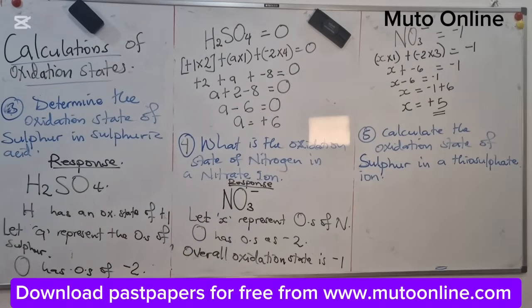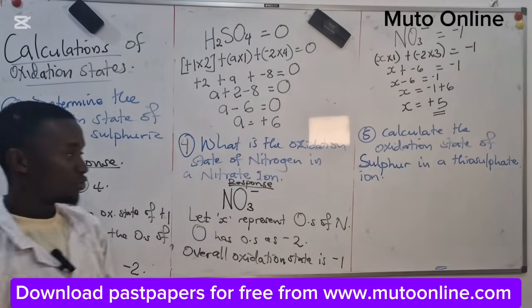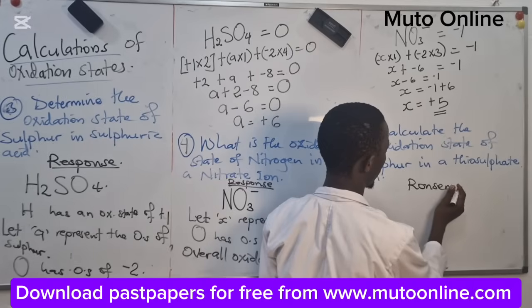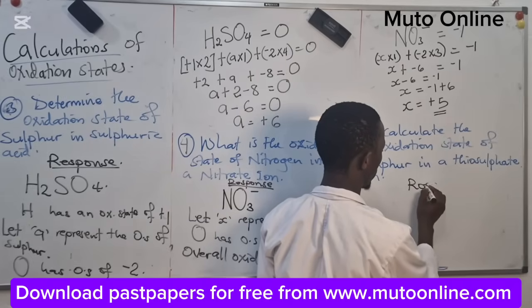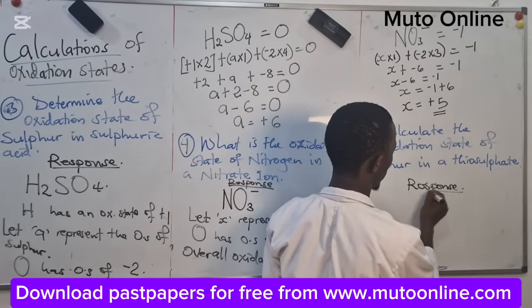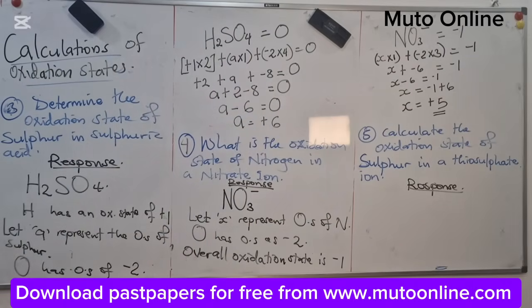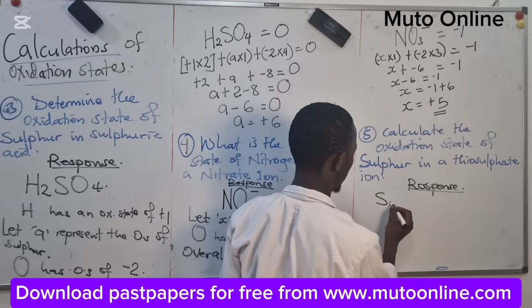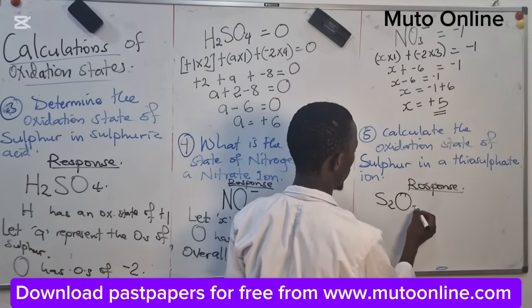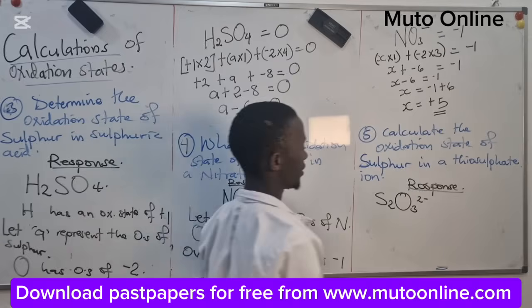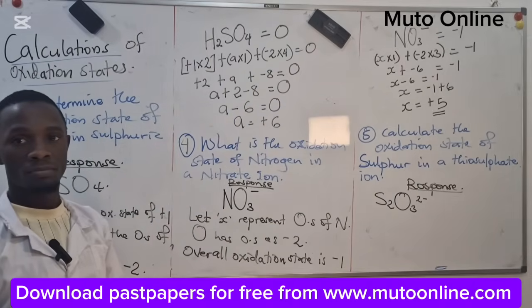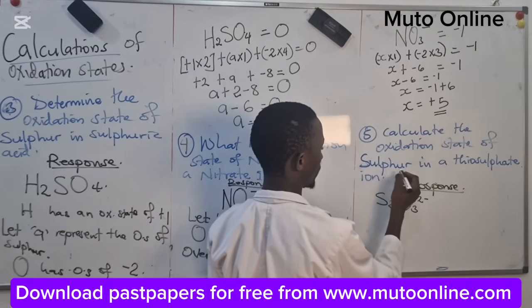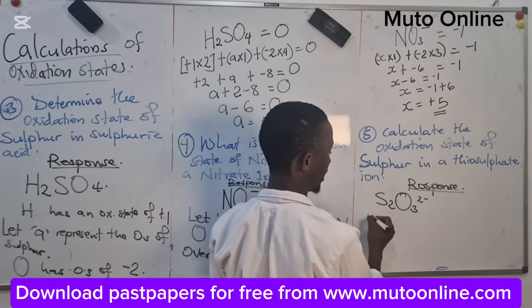Remember, like we've been saying that we write the correct formula of the compound first. Thiosulfate ion is written as capital S 2, capital O 3, 2 minus. And since they're asking for the oxidation state of sulfur, we shall let it be unknown.